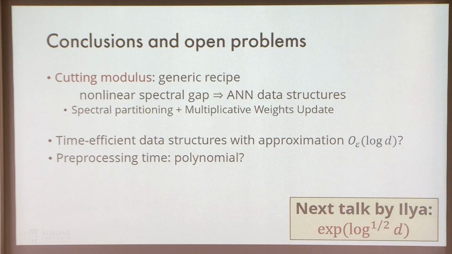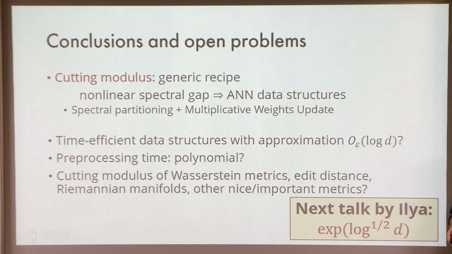All our current algorithms have exponential preprocessing time, even for spaces like LP. And another question is to obtain better bounds on cutting modulus for concrete spaces, like edit distance or Wasserstein metric, Riemannian manifolds, or other nice important metrics that one cares about.